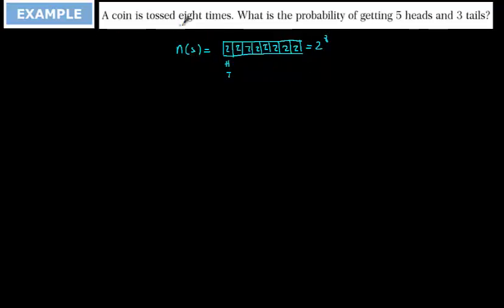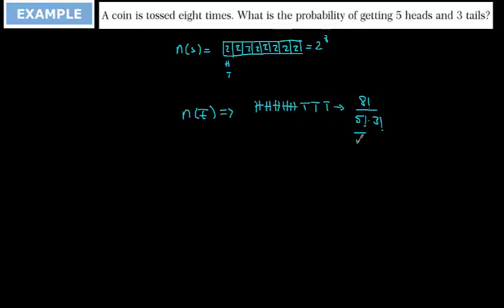When we toss the coin 8 times, we will get... What is the wanted event? The event they are looking for is 5 heads and 3 tails. When it is written like this, it becomes an 8-letter word, and we know that there are 8 factorial over 5 factorial times 3 factorial different ways we can order these 8 letters.